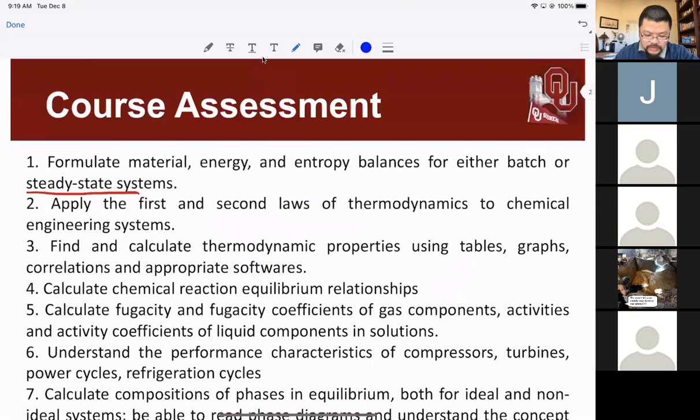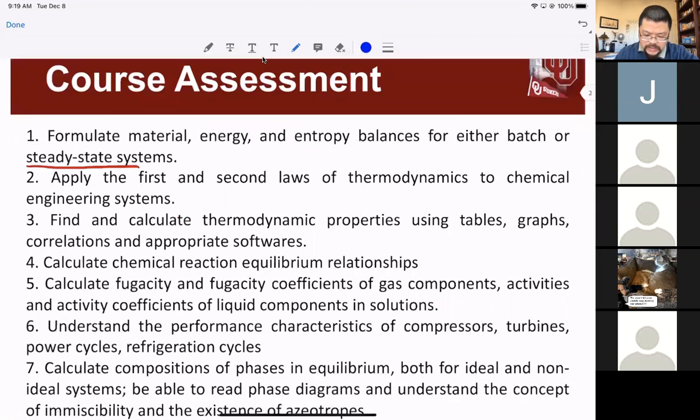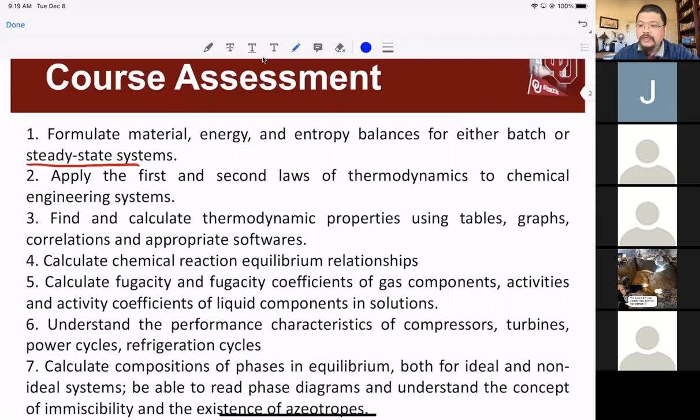And then here I also want to share with you that this is a course assessment. So every teaching cycle, in the end of the semester, I need to put together a report, try to analyze the performance of the class, try to analyze which item we shall have more discussions in the coming year based on the class performance.